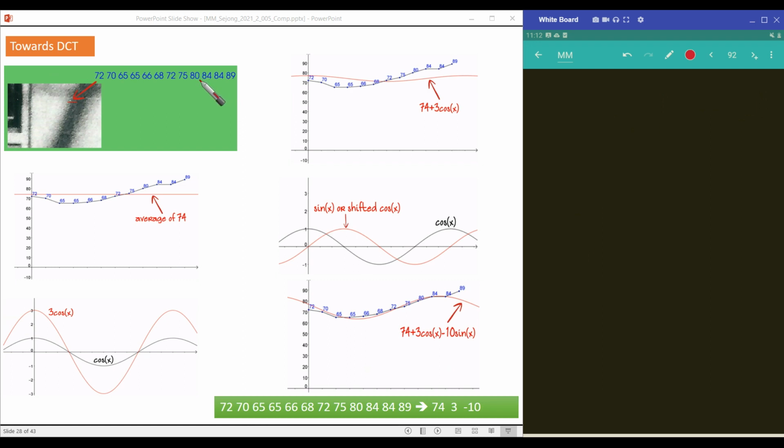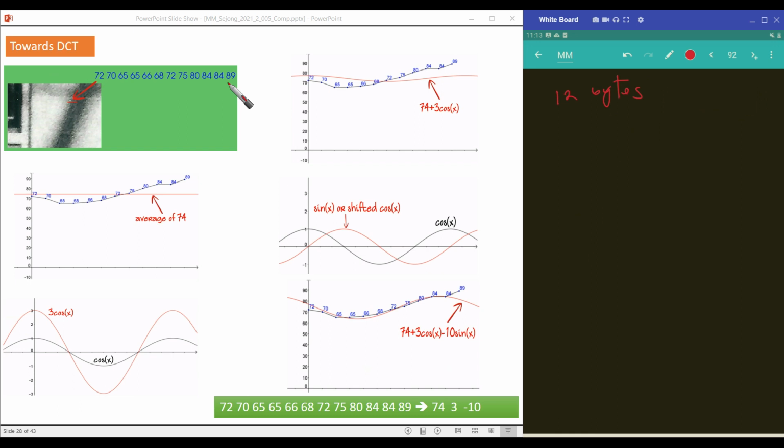How many numbers are there? 1, 2, 3, 4, 5, 6, 7, 8, 9, 10, 11, 12 numbers, or 12 pixels. We would really need to store 12 bytes of information to represent these 12 numbers.